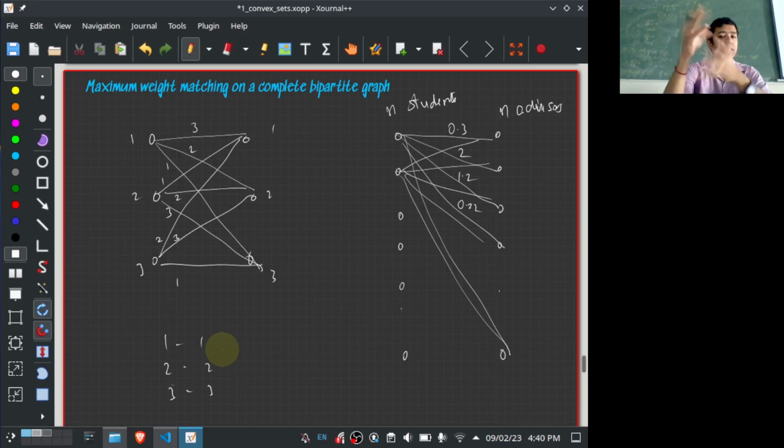So what is a matching? A matching is just this basic allocation, an allocation which satisfies the property that every student is allocated to exactly one advisor and every advisor is allocated to exactly one student. Okay? That's what we call a matching. So the weight of this particular matching would be 3 plus 2 plus 1, which is 6. But is this the maximum weight matching? We want the minimum weight.